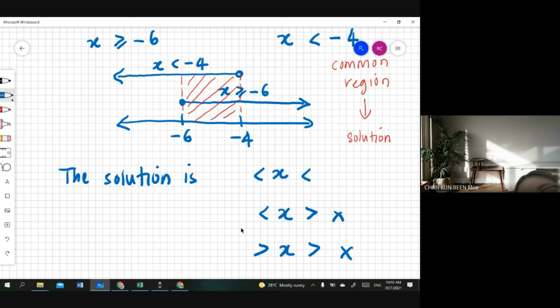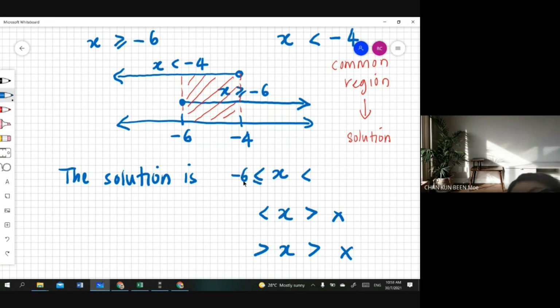So this is how you solve it. We are going to solve the first part. You can see from here, x is greater than what? So you look at the number here. X is greater than or equal to negative 6. So what we need to do, you just add on. For this part here, x is greater than or equal to negative 6. This is how you fill it.